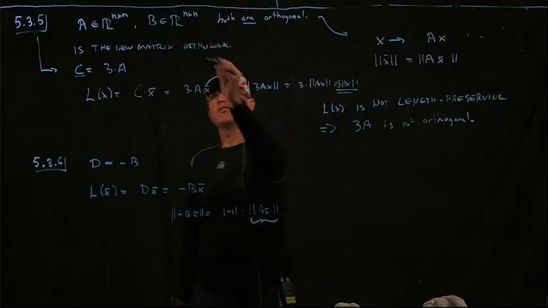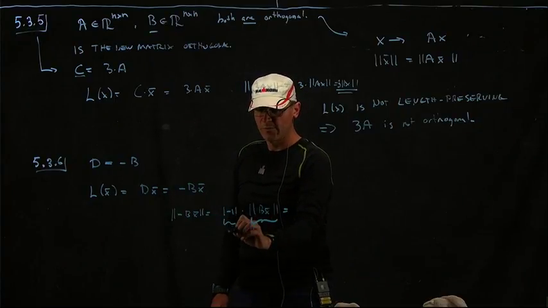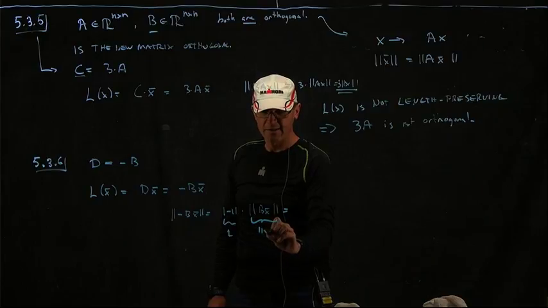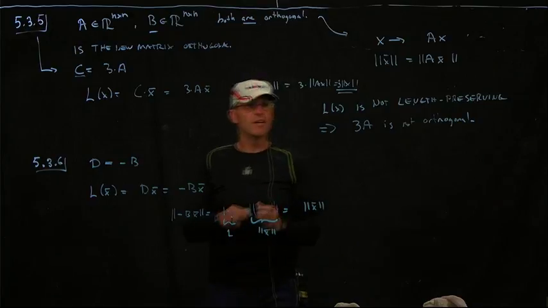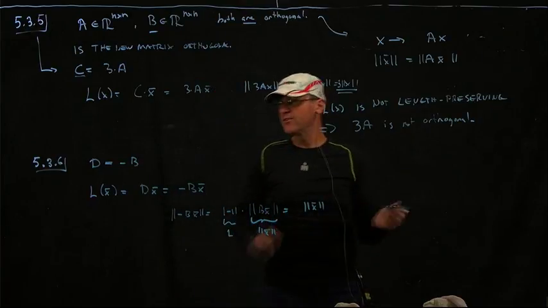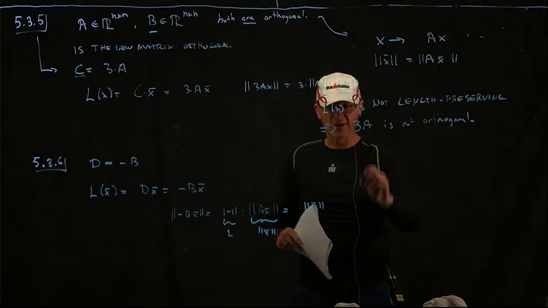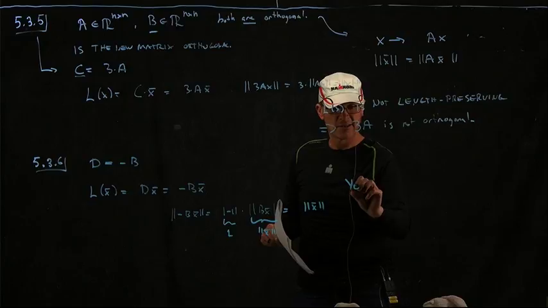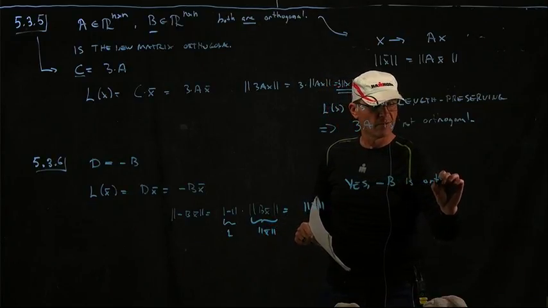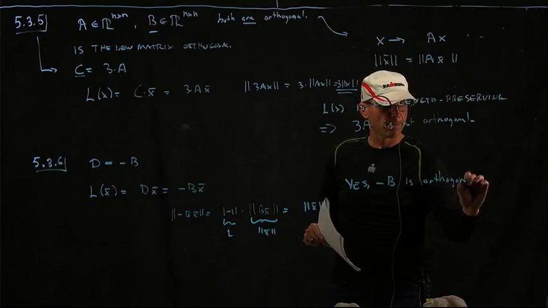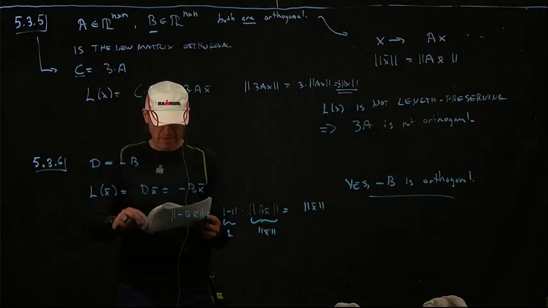B is length preserving because B is orthogonal. So we have the absolute value of -1, which is 1, and this is just the length of x. So flipping the sign changes nothing. We are length preserving, and therefore we are orthogonal. So yes, minus B is orthogonal. We're just flipping the sign of everything.